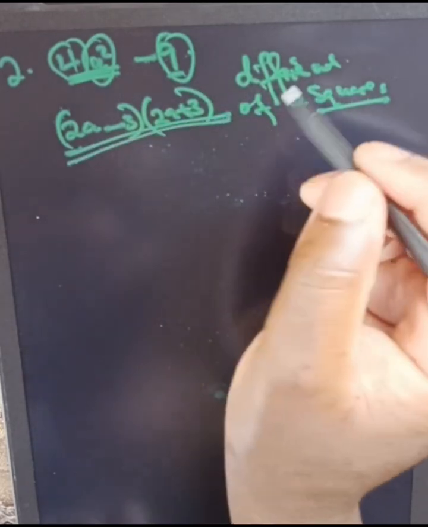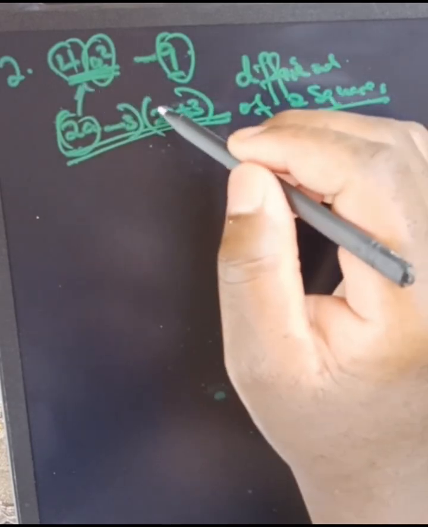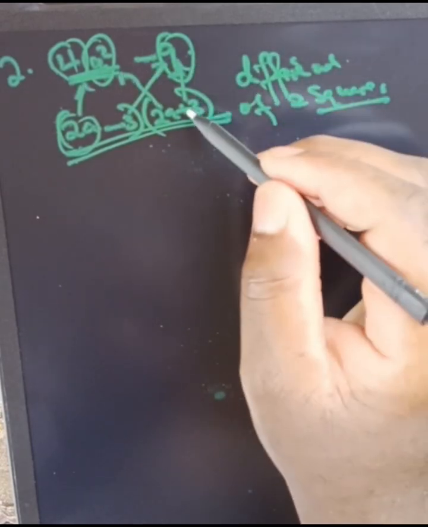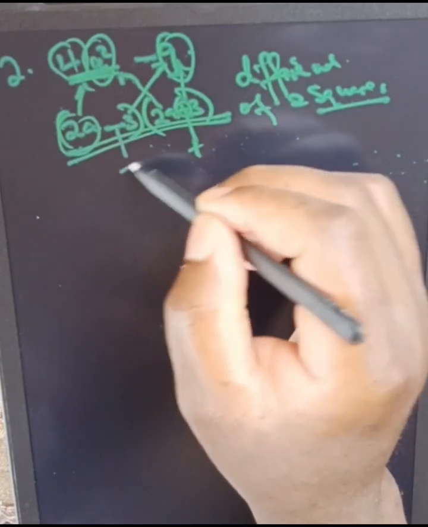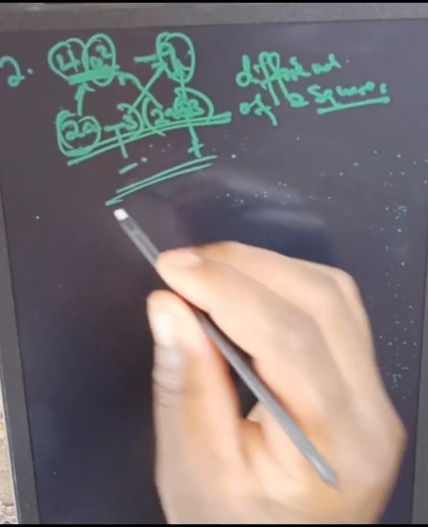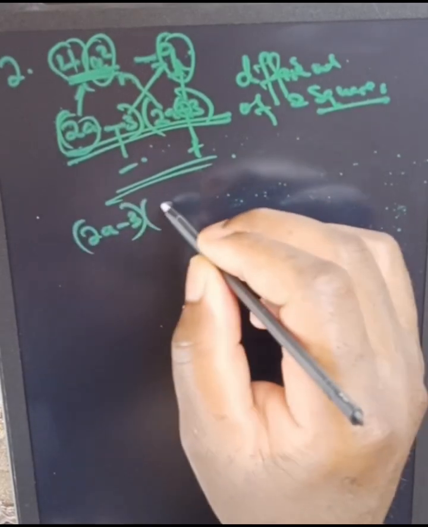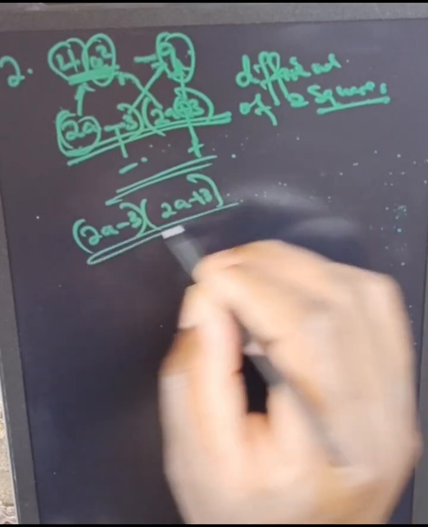Then we write the square roots for these two numbers, 2a minus 3, 2a plus 3. On one side a negative, on the other side a positive. So our final answer for question number 2 is 2a minus 3, 2a plus 3.